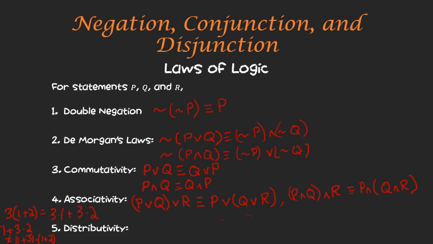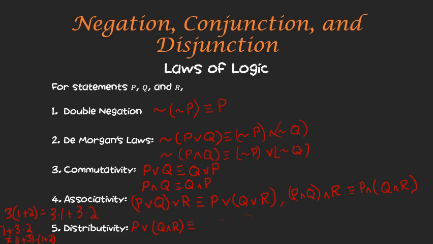And so with statements now, with these new objects we're dealing with, we want to figure out if any distributive laws hold, and if they do, how they work. So here we want to know if disjunction distributes over conjunction, and it does. We can use a truth table to verify that. In fact, I'll have you do this in the activity.